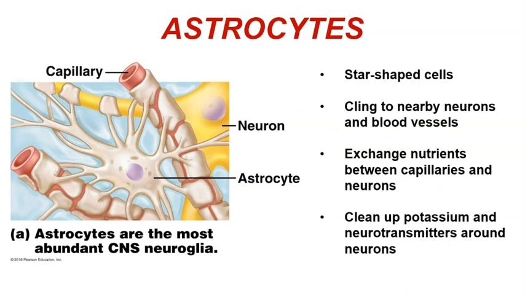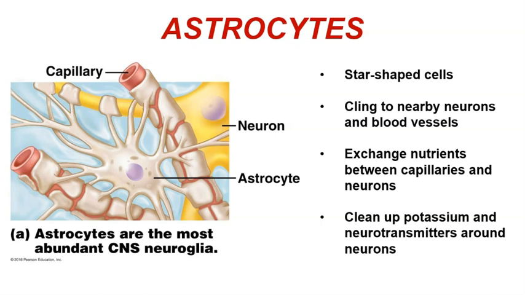The next cell type are the astrocytes, and these are named because they are star-shaped cells. We see that they have a number of branch-like processes, making them resemble stars. These branches reach out and cling to nearby neurons, as well as nearby capillaries.